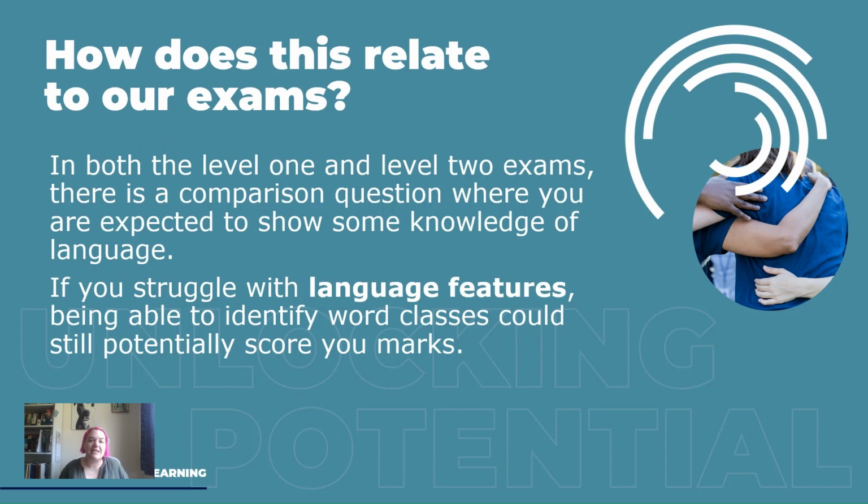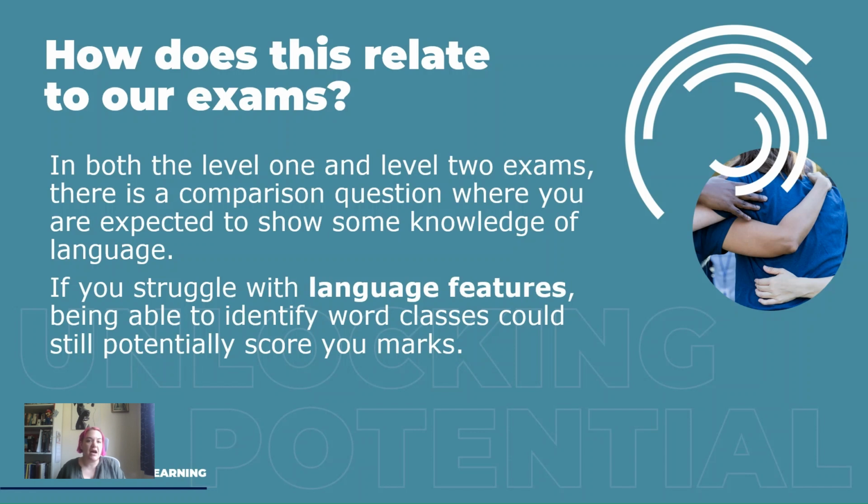So I mentioned that it relates to your exams. Towards the very end of both the Level 1 and the Level 2 reading papers, you are asked to identify the writer's thoughts, opinions and perspectives and identify how they've expressed it using language.